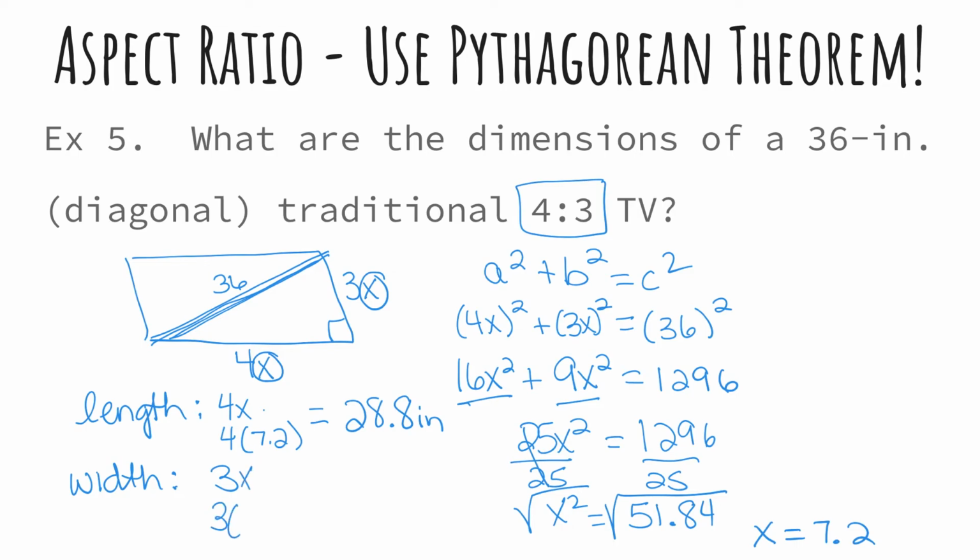So that's 3 times 7.2, which is 21.6. So my dimensions are length 28.8 and width 21.6. So you could say that's 28.8 by 21.6 inches.